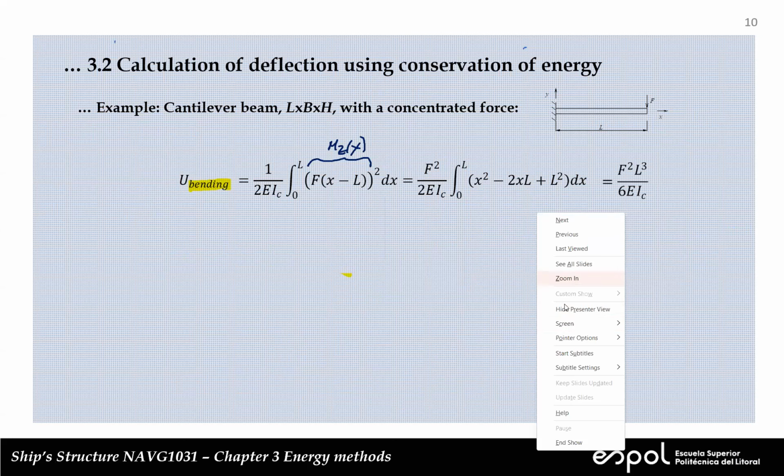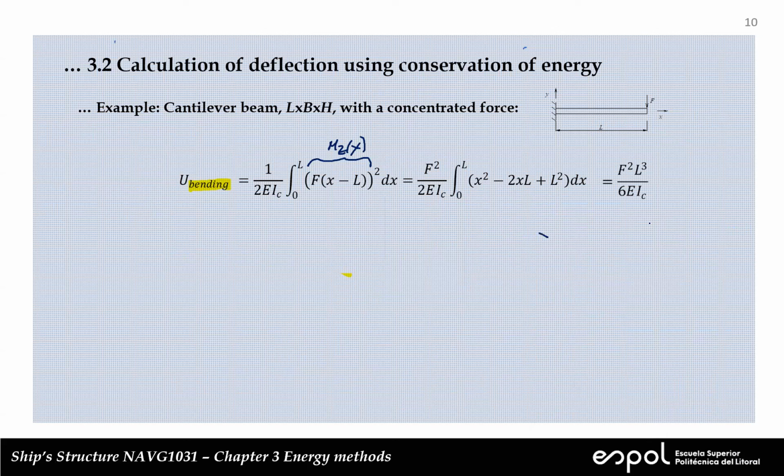Since this is a very long expression, the recommendation as usual is to be careful with the units. So we have F squared, that's L cubed, Young's modulus, inertia.